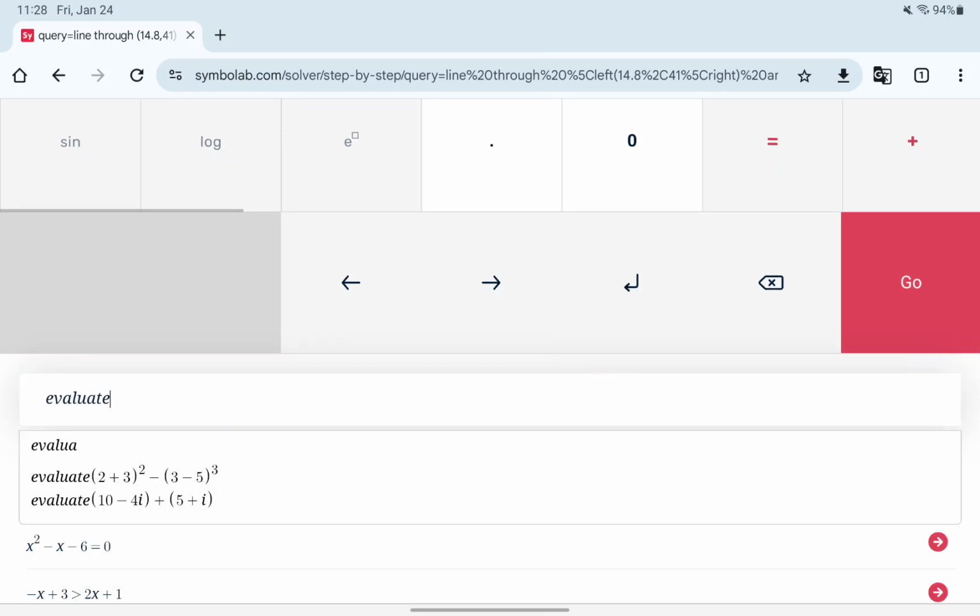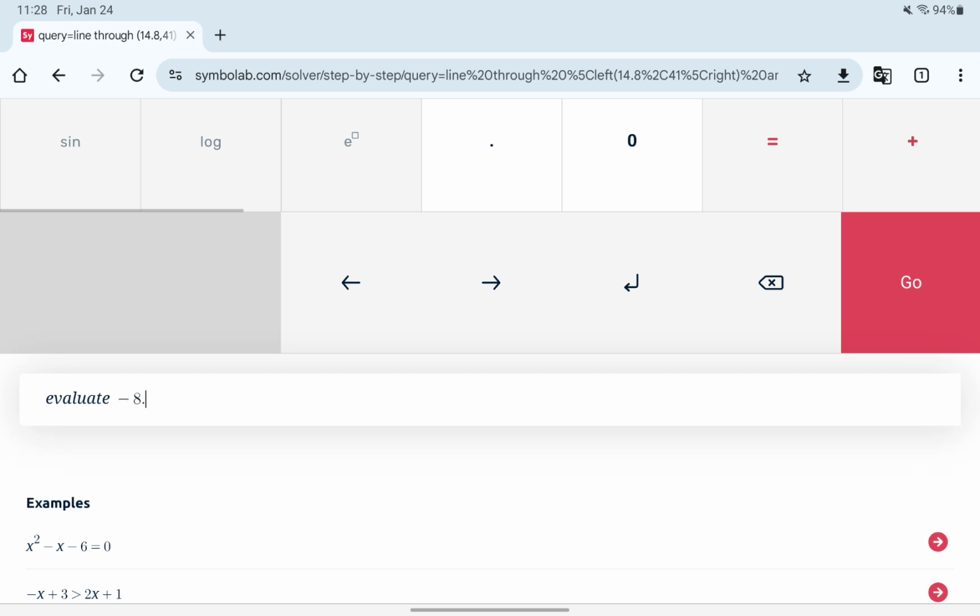What we'll do then is evaluate that expression that we have in part A, negative 8.6275 P plus 168.6863 for P equal to 18.6.